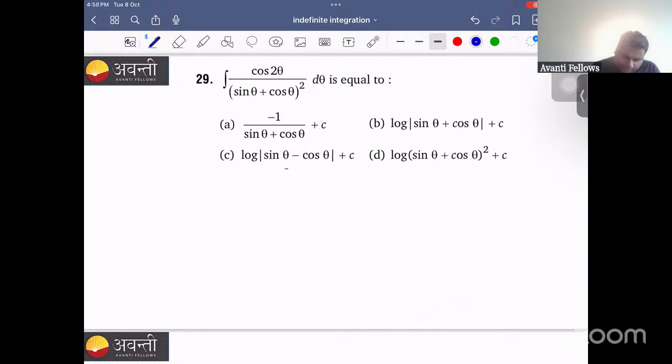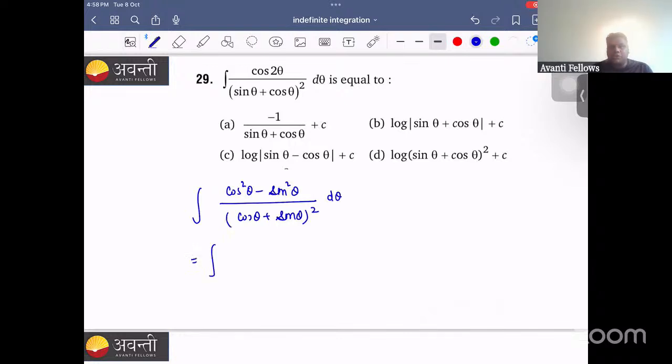See, integration of cos 2 theta can be written as cos square theta minus sin square theta upon cos theta plus sin theta whole square d theta. Now this numerator can be written as cos theta minus sin theta times cos theta plus sin theta.